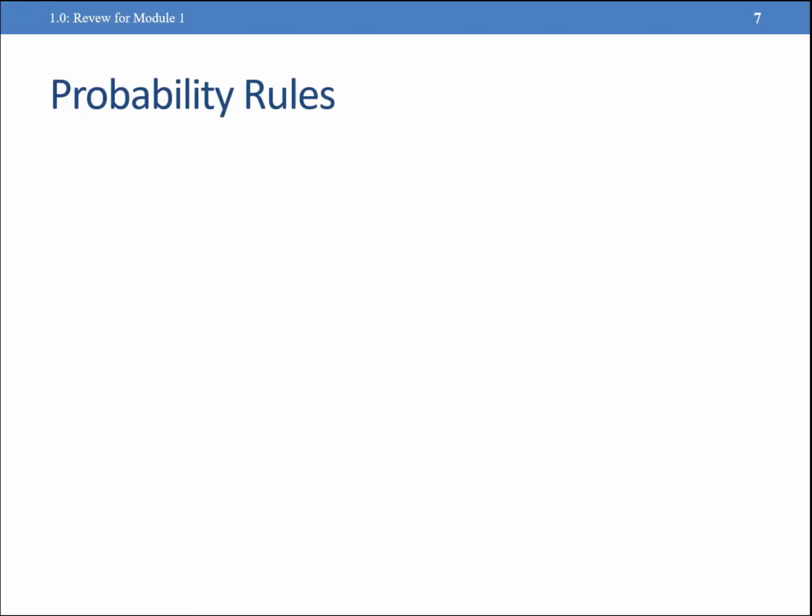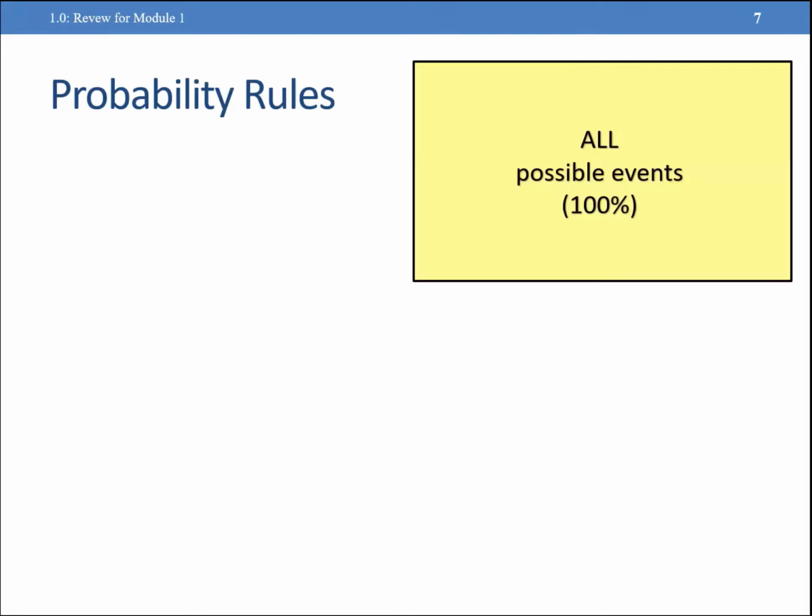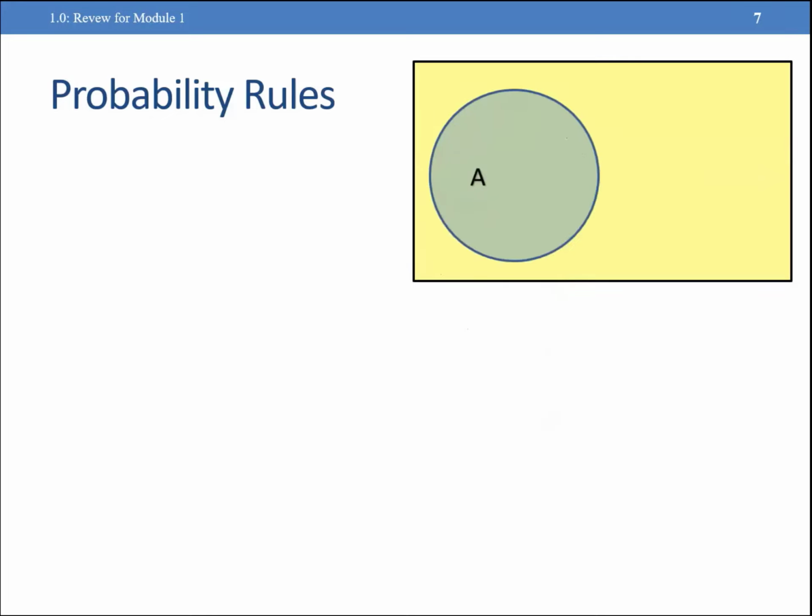We're going to do some probability rules now. With those Venn diagrams, sometimes we present just the circles, but let's not forget that overall there's other events, like the big possibility. So I'm going to create a big box that encompasses 100% of the possibilities. So here the yellow box is going to represent everything that's possible. I have event A, which is one of the items that's possible.